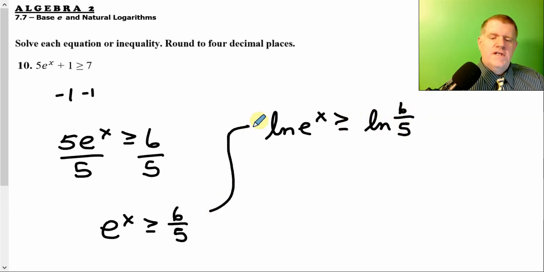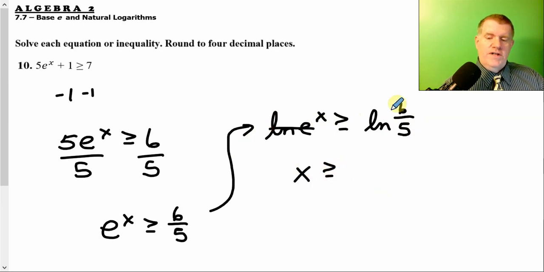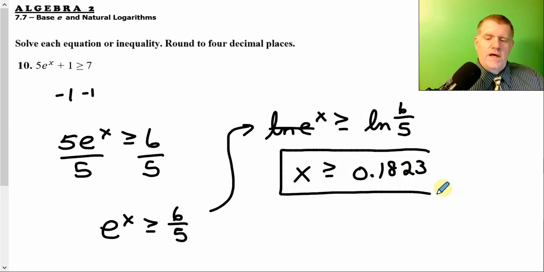Alright, just that step there. Well, natural log of e becomes 1. Plug natural log of 6/5 into the calculator, and you get 0.1823. Bingo. All right, what do you think?